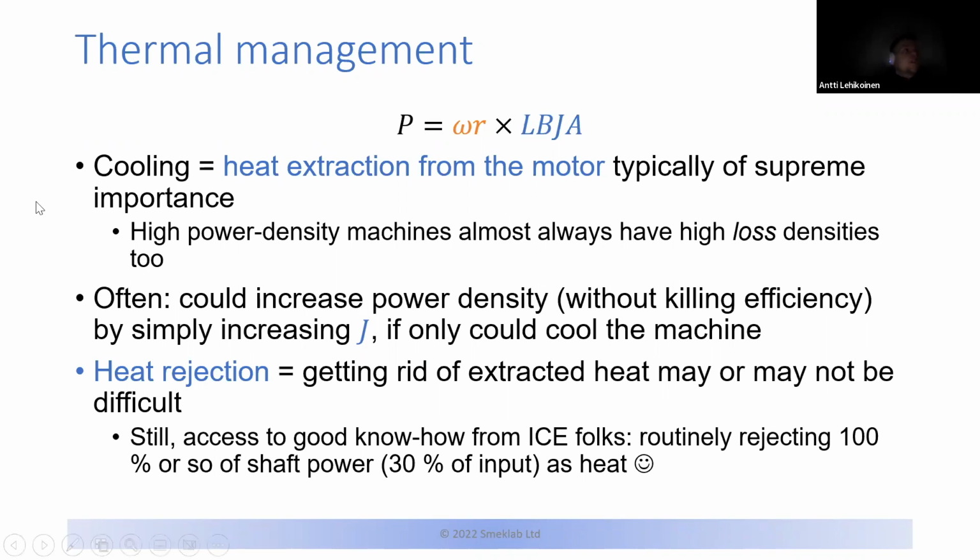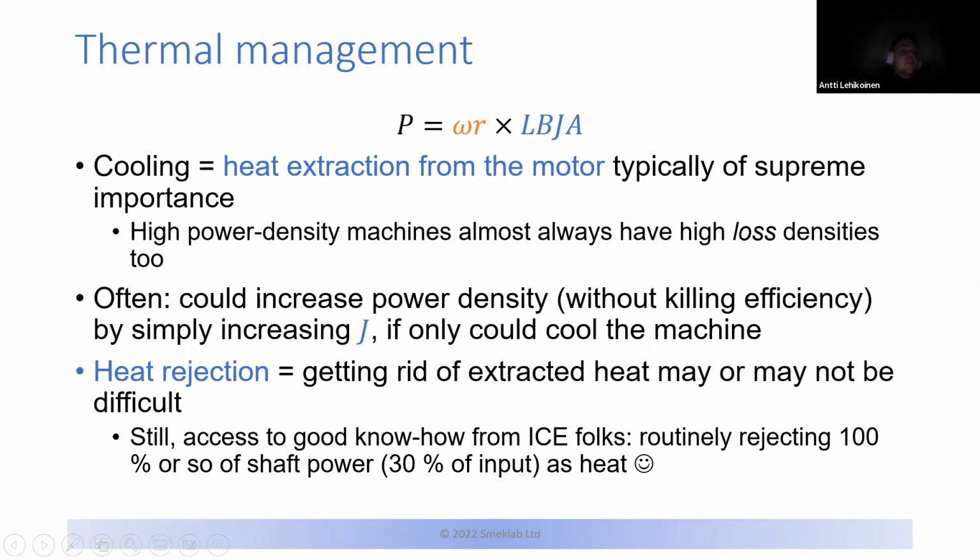So high power density machines are also high loss density machines, meaning they are hard to cool, and they will have to be cooled very efficiently all the time. Otherwise, they will simply quickly overheat and die. So that's the critical part.